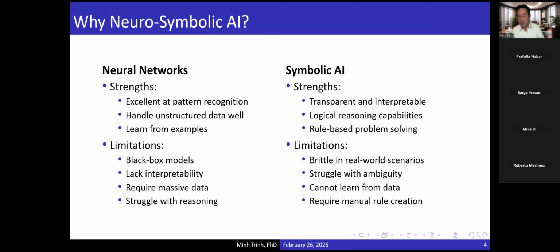Some of the models have billions of neurons in there, so it's difficult to know exactly what goes on. There's a lack of interpretability. It's sometimes not easy to know why the result is A or B or C. It requires massive data, and we might run out of data, at least text data.